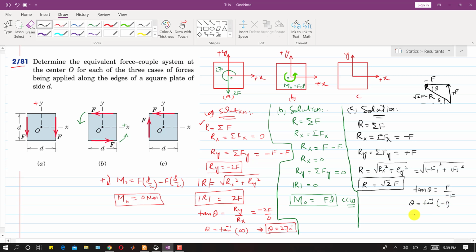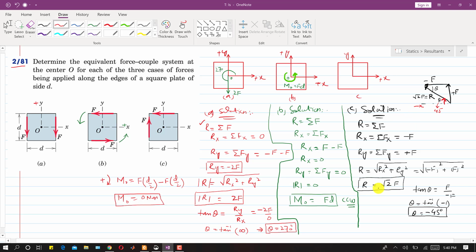So if we find this, this comes out to be minus 45 degrees. So this theta is minus 45, and what is meant by minus 45? Minus 45 is the angle with the negative x-axis. So this is 45 degrees with the negative x-axis. So this is the theta.